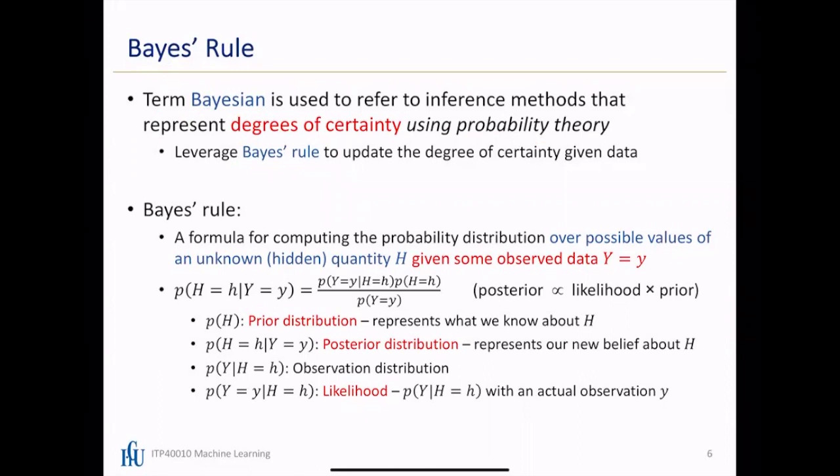So let's get into it. Bayes rule, more concretely, can be described in this form. From now on, we are interested in modeling some probability, where H is what we want to model or predict.